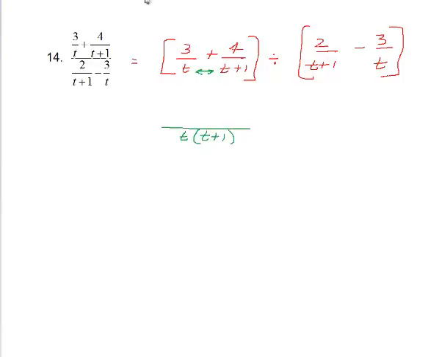Now on top, multiply the numerator by the other denominator, 3 times t plus 1. Carry down the sign in the middle, and then multiply this numerator by the other denominator, 4 times t, which is 4t.